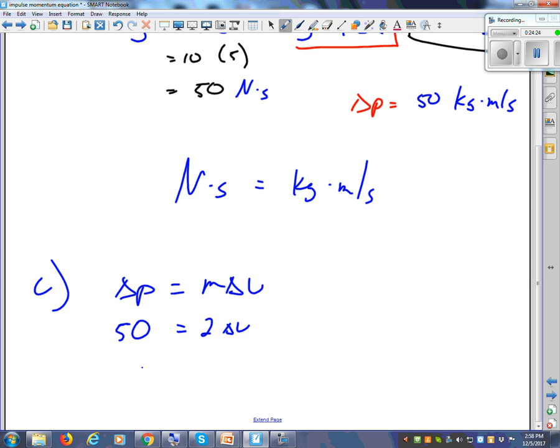So the change in velocity would be 50 divided by 2. So it's going up 25 meters per second, and that's the change in velocity. I guess because the initial is 0, therefore final is 25 too.